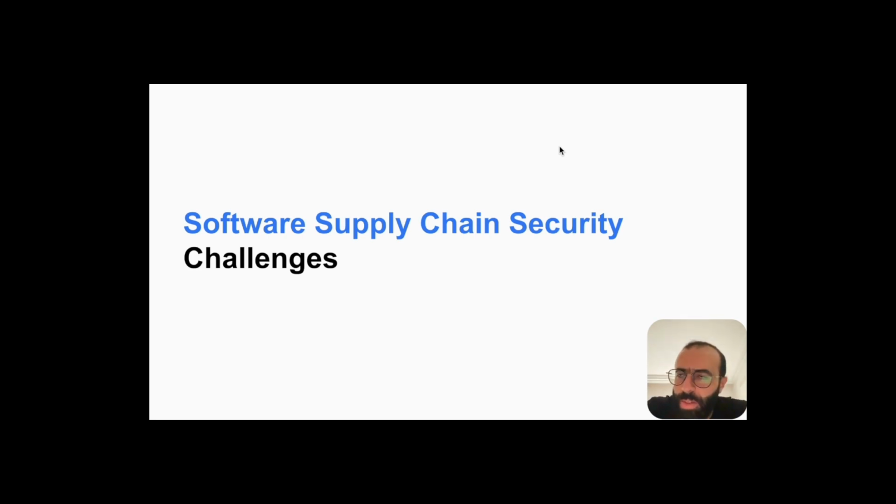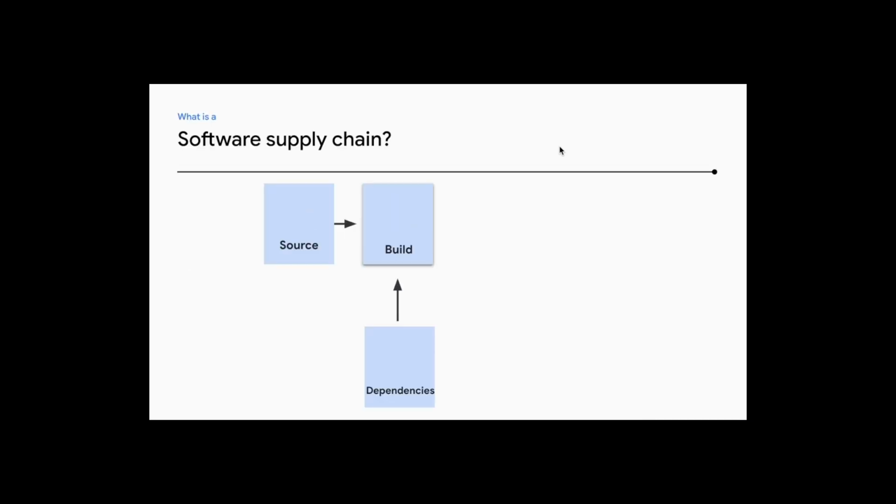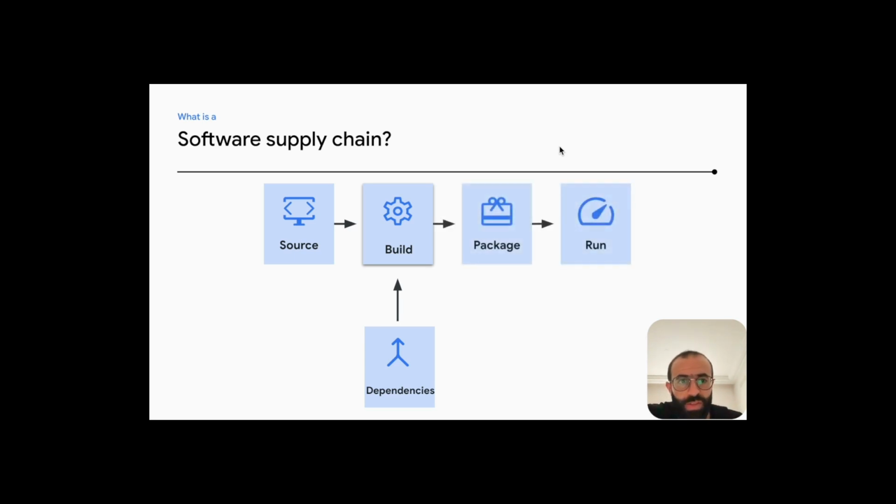To start off, let's talk about software supply chain security challenges. What challenges are we solving here? Most modern software products are typically made up of the source code your organization directly writes, as well as third-party software in the form of dependencies. A build process then combines this source and outputs packaged software, which in turn can be run directly by your organization or consumed by other parties as their dependencies.